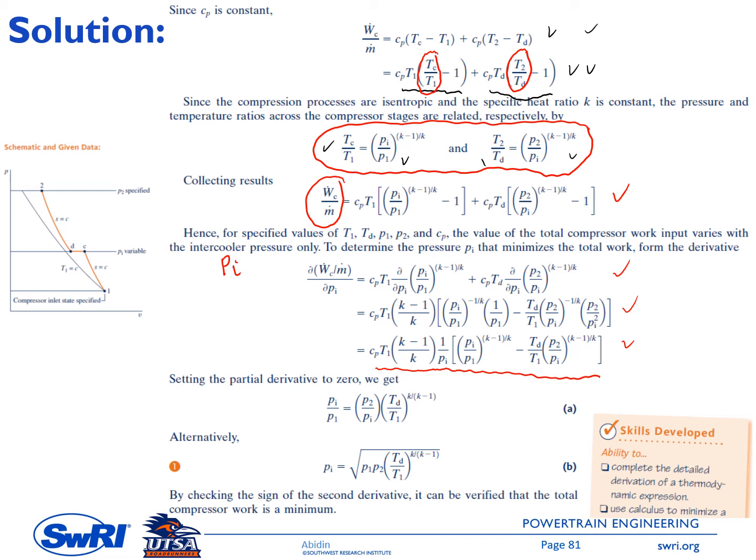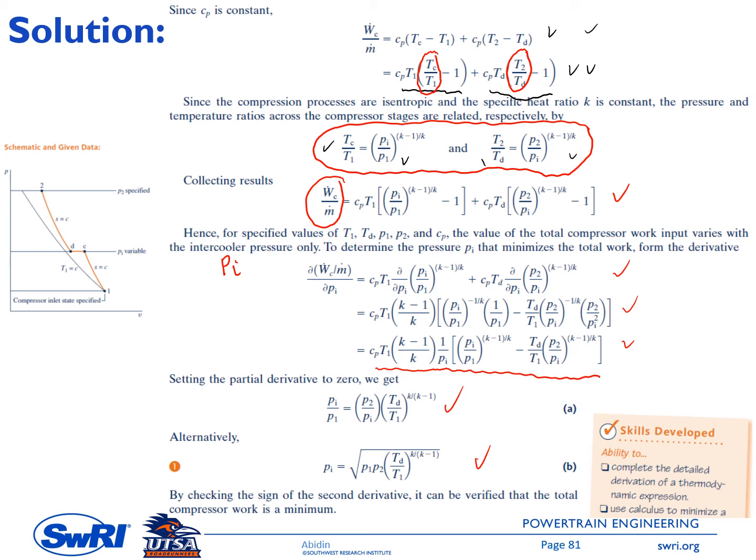Okay, and then if you set this partial derivative to 0, you will get this correlation A, or you can modify it slightly to get correlation B here. And then if you take one more derivative, the second derivative, you will see that the Pi with correlation B is the one that will produce minimum compressor work.